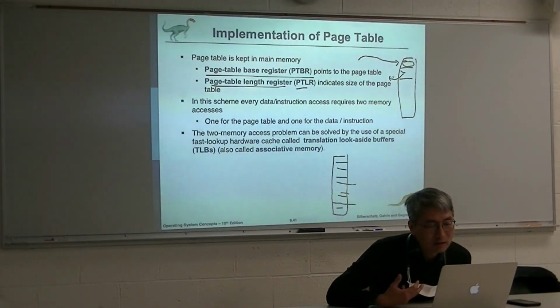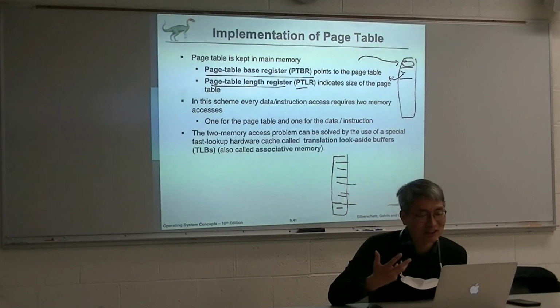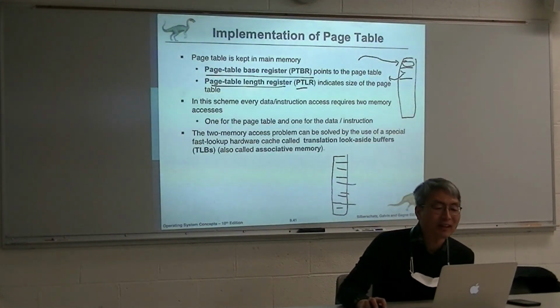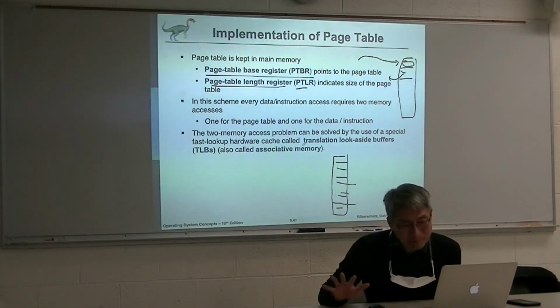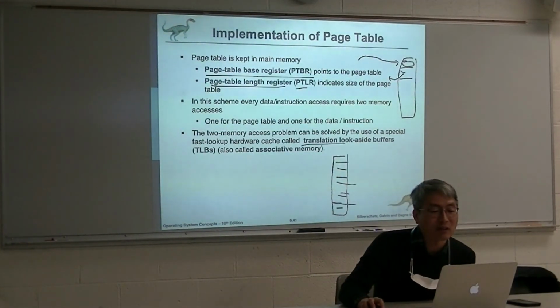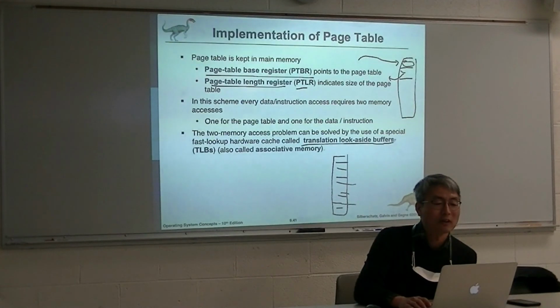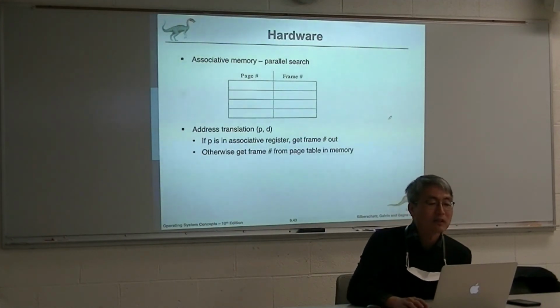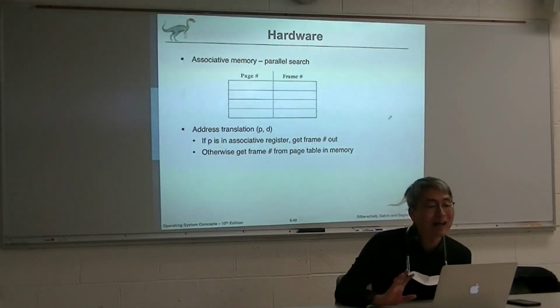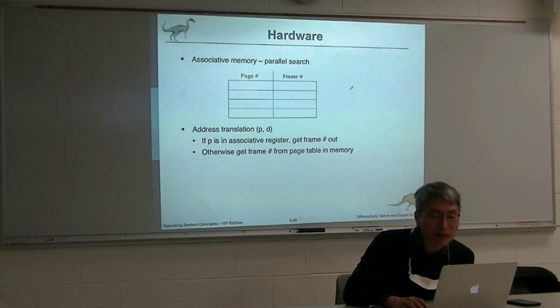So whenever we encounter a performance problem, we are able to use a cache. So there's the cache of the page number and page frame number. It's called the translation lookaside buffer. It's called the associative memory. Let's take a look at the example. So this is a hardware solution. So hardware provides such a lookup table.